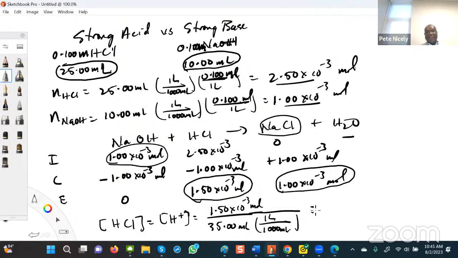And then let's see what that gives. So 1.5 times 10 to the minus 3 divided by 35 times 10 to the minus 3. Okay, so the molarity here is 0.0429 M. And then all we have to do is find the pH, and we all know how to do that. pH should be equal to minus log of 0.0429.